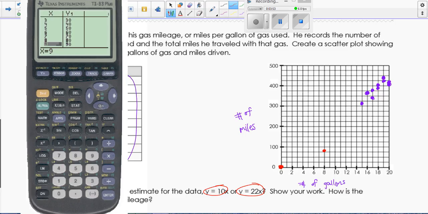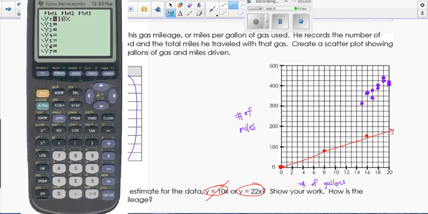Let's go over a little bit more, maybe 16. Easy, 16's at 160, so there's 175, somewhere about here. So you can see from this that your line is going to look like this, not even close to the data, so we know that that one's not a good one, and we're just going to make sure that 22x is a good one.